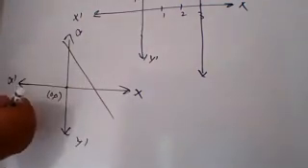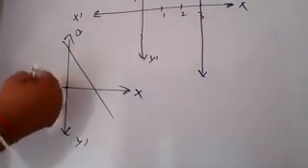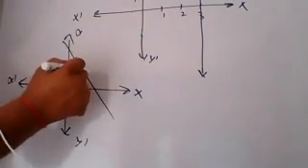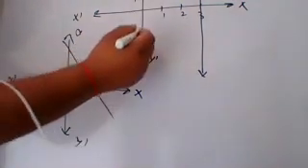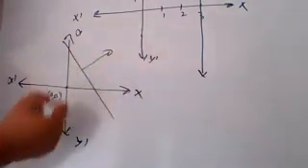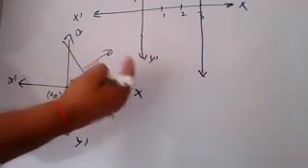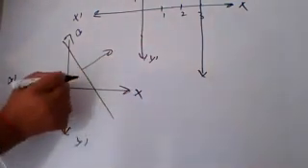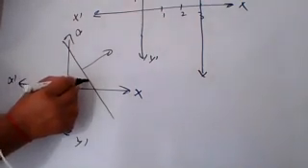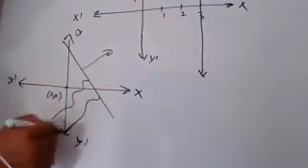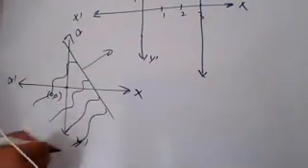The part above this line does not contain the origin, and the part below this line contains the origin.